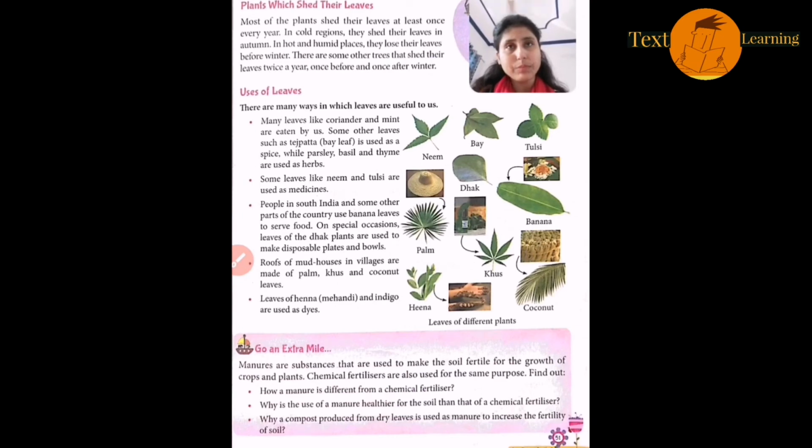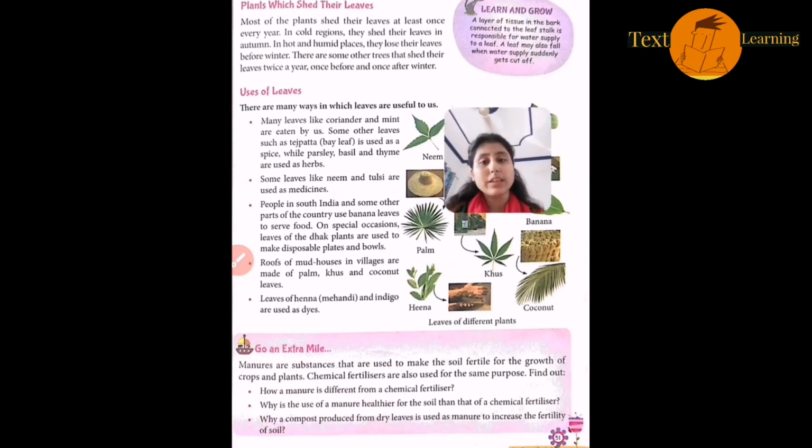Plants which shed their leaves. Now let's talk about the plants that shed their leaves. Most plants shed their leaves at least once every year. In cold regions, like mountain areas and hill stations, trees shed their leaves in the autumn season.